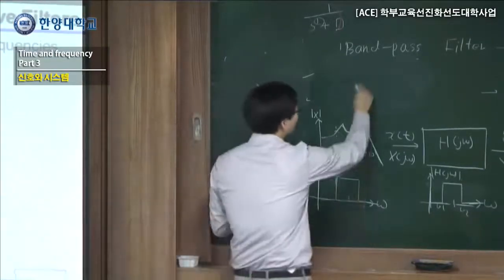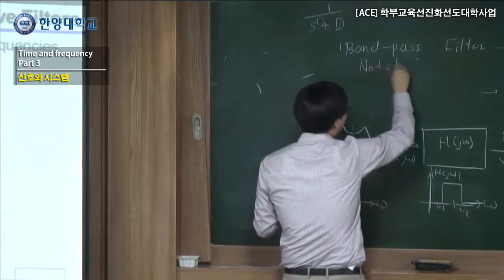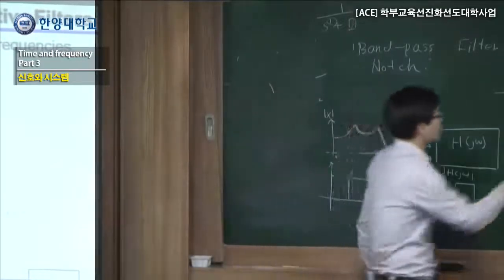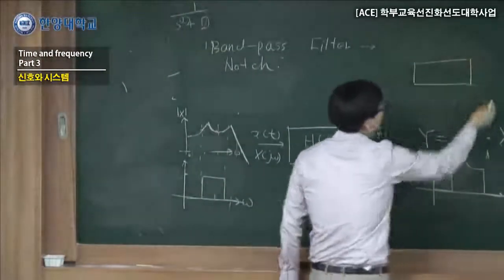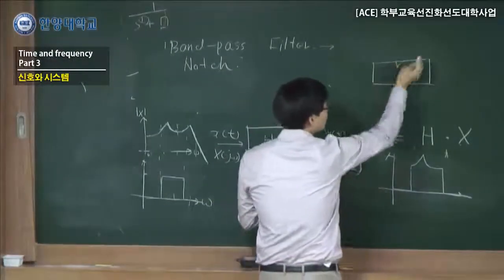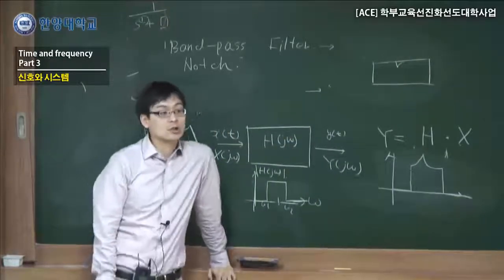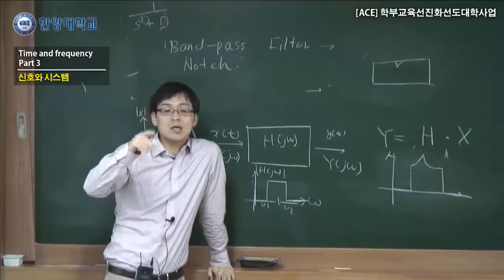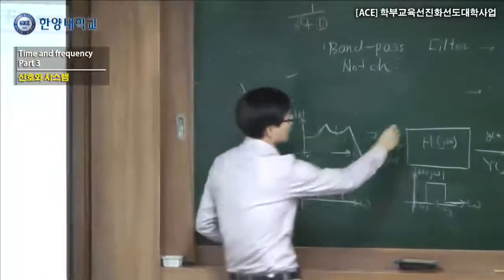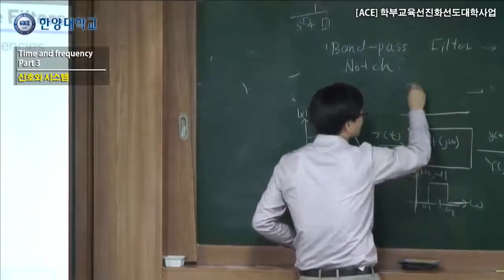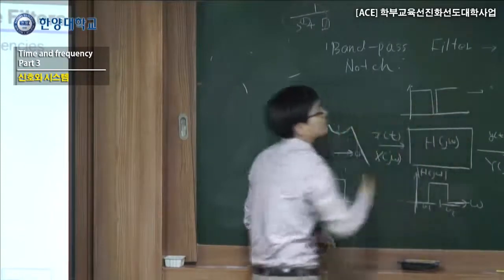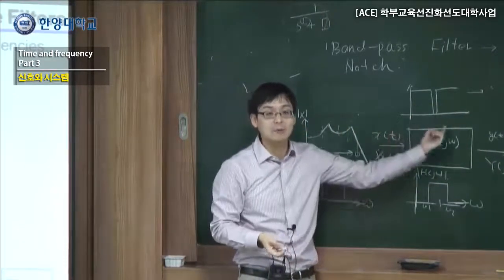Of course, there is another thing, say notch filter. Notch is what? Notch typically says, if you have a brick, then notch means it looks slightly like this. That's a notch. So notch is where we try to reject a certain frequency. So it looks like they pass everything, only block, only do not pass a certain frequency component.